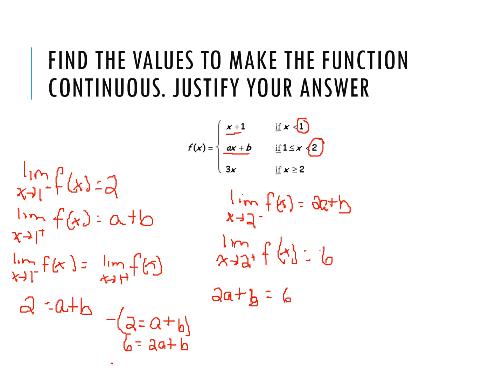So I get negative 2 equals negative a minus b. So the b's now zero out, and I get 4 is equal to a.